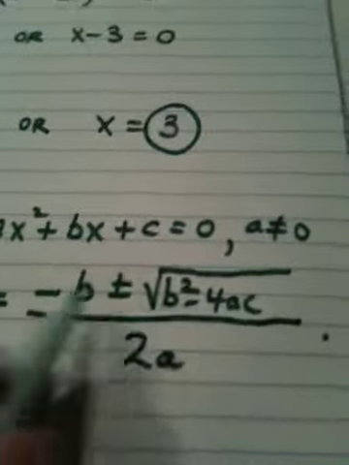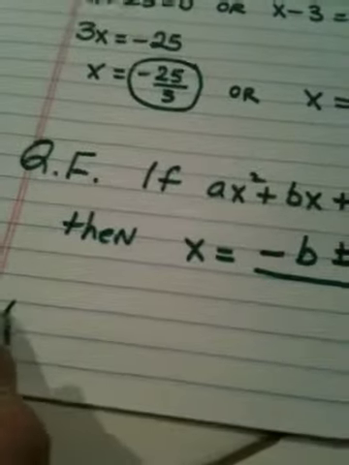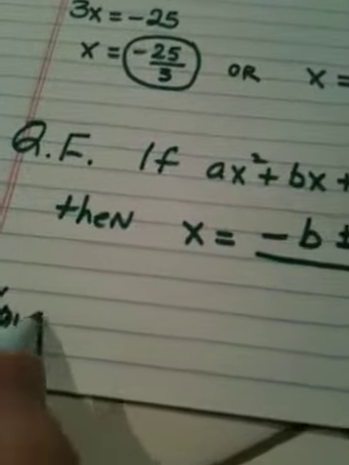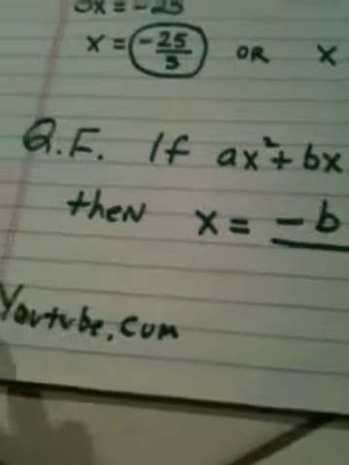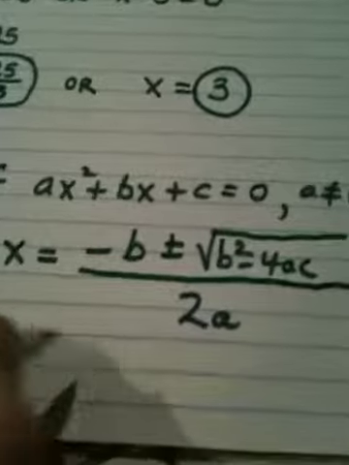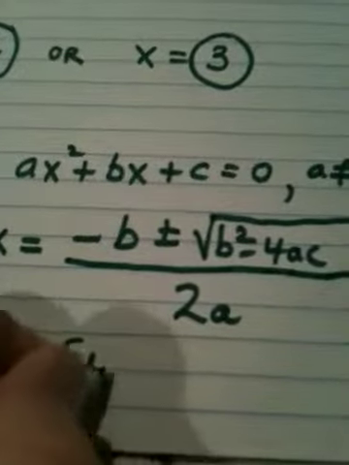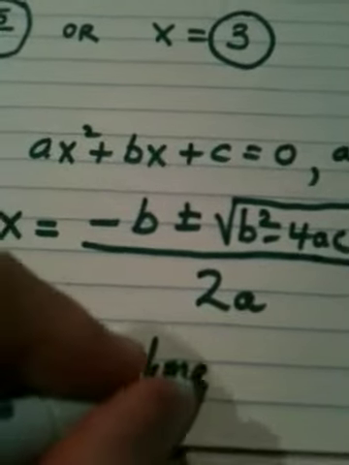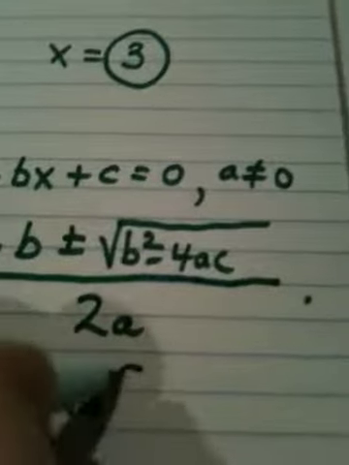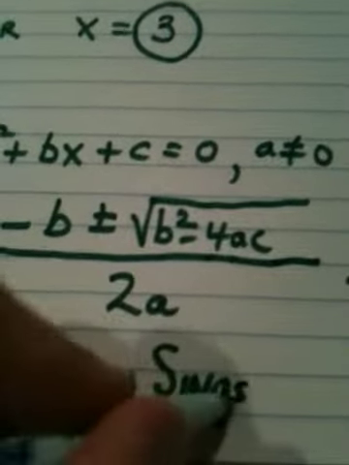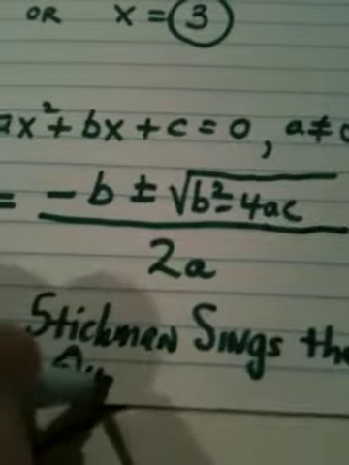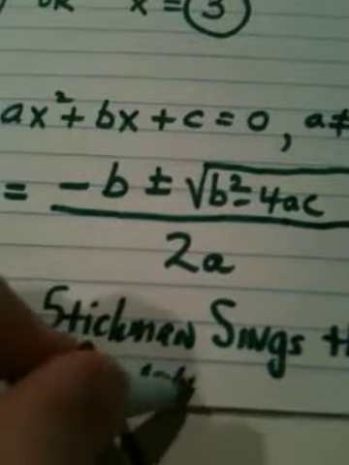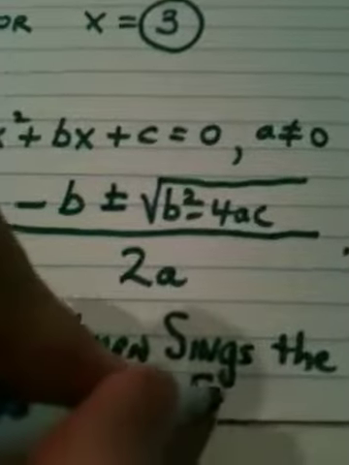Okay? If you want a quick way to remember this by song, I'd like you to go to YouTube. Just go to youtube.com. And I have a video called Stickman Sings the Quadratic Formula.